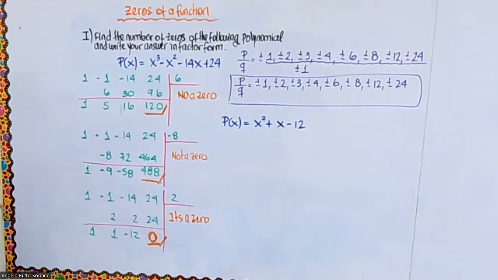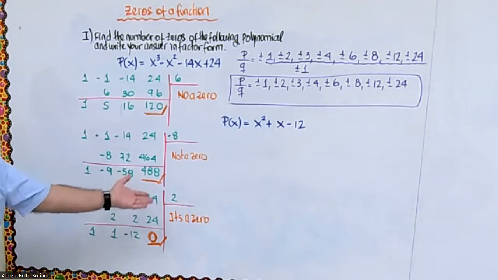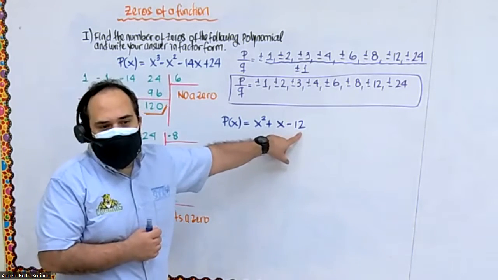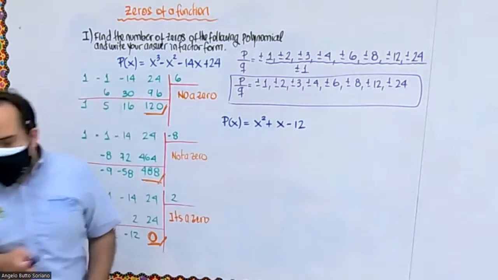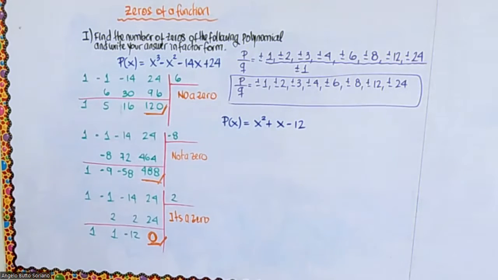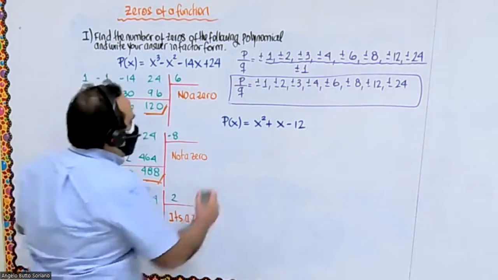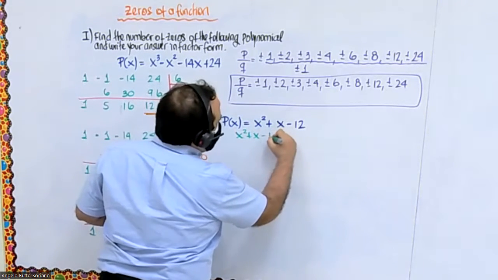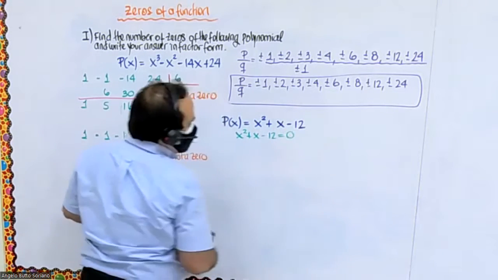Because this time we have a quadratic equation, you don't need to apply the factors p and q again. We can perfectly solve this equation equal to 0: x squared plus x minus 12 equals 0.